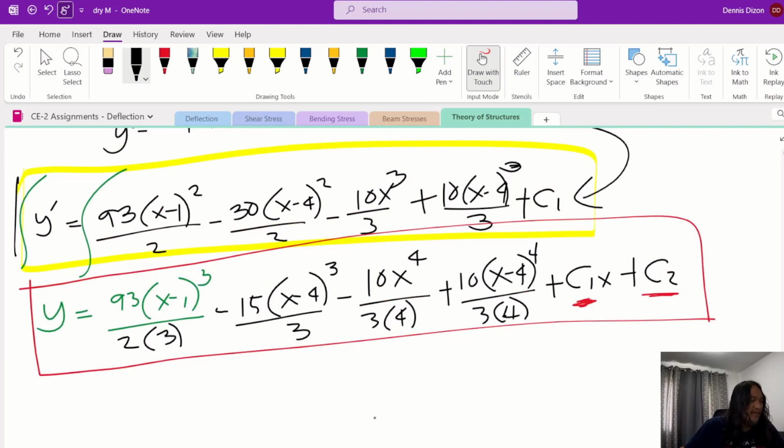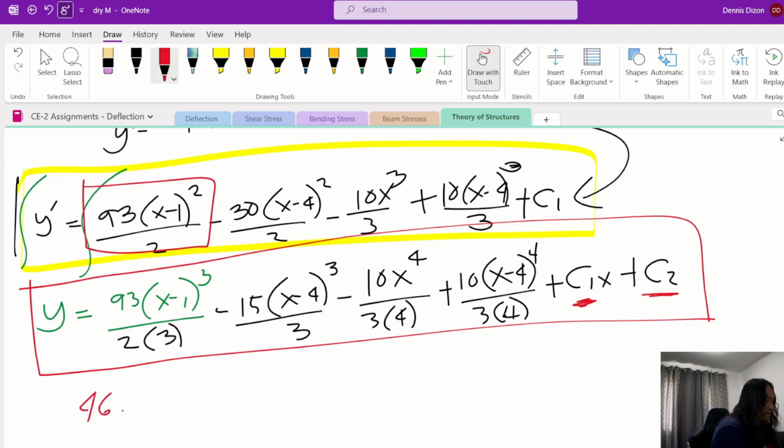So for this one, 93x, we will simplify its term first so it's easy. 93 over 2 would be 46.5, and then times (x minus 1) squared, which is x squared minus 2x plus 1.